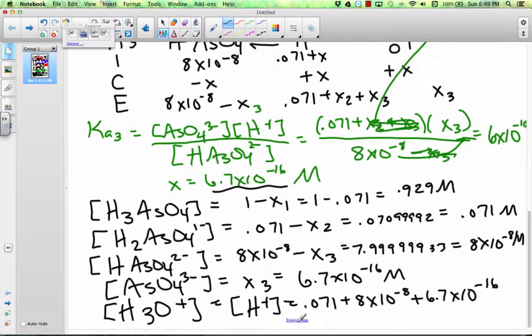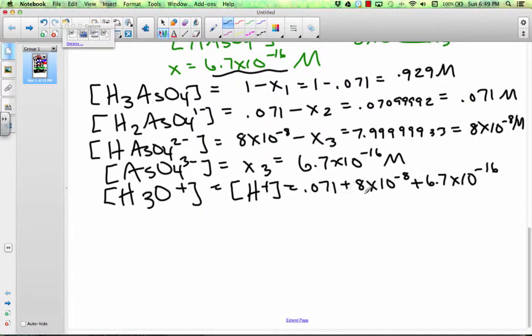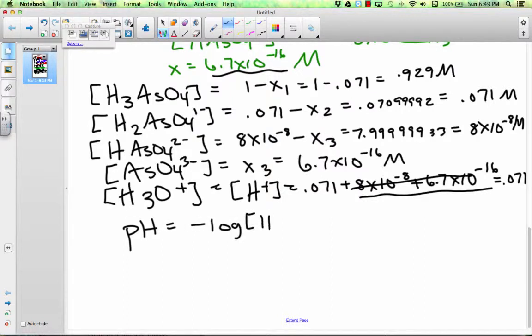And since I don't have enough sig figs to worry about these two values, we just call it 0.071. We said we could use the small x assumption, and we were right, because it doesn't really change our sig figs. So the pH we can find now by taking the negative log of the hydrogen ion concentration, or the negative log of 0.071. And that gives us a pH of 1.1.